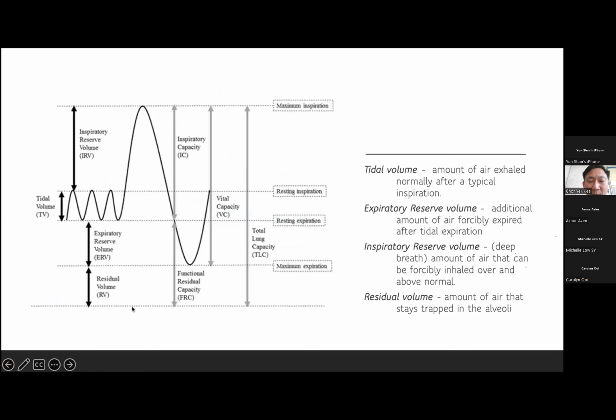So how are you going to determine the patient is in FRC? So for example, in terms of X-ray, how can you say that you actually put the patient at the FRC?